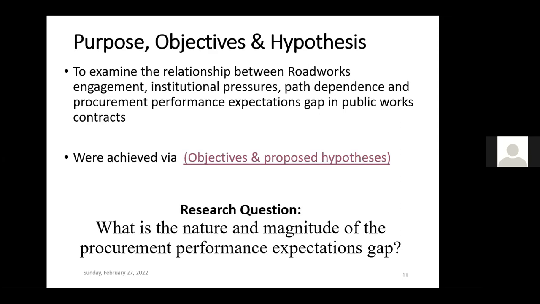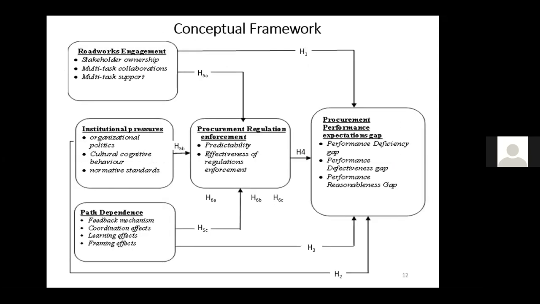And it's an associated proposition where we set out to look at the nature and the magnitude of the procurement performance expectation gap, among other objectives, 10 of them, Chair. And the main research question here is, what's the nature and the magnitude of the procurement performance expectation gap?